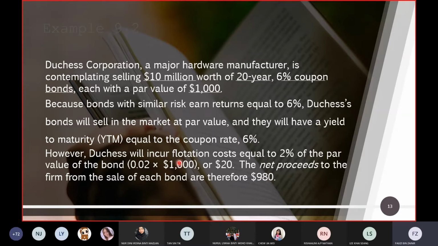In other words, the yield to maturity is basically telling how much return the bondholders are getting, the real return.